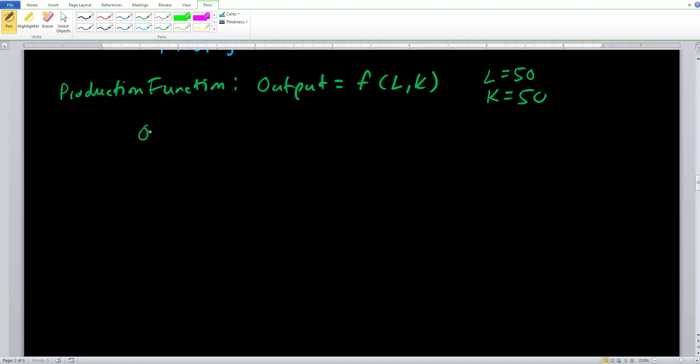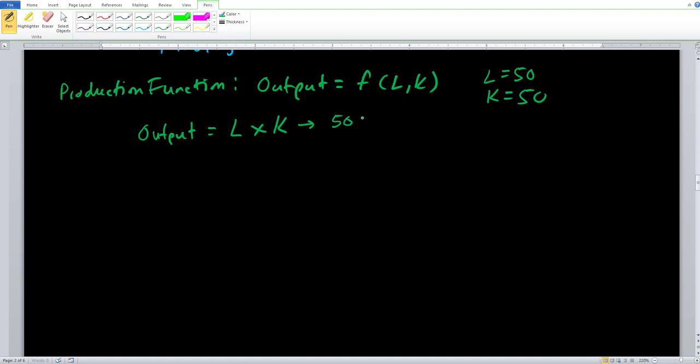So a production function can be something as simple as this. Output equals labor times capital. And that's exactly a production function. It includes both labor and capital, and it tells you exactly what you need to do in order to find out output. So all you really need to do is take the initial allotments of labor and capital and then insert them into your equation.